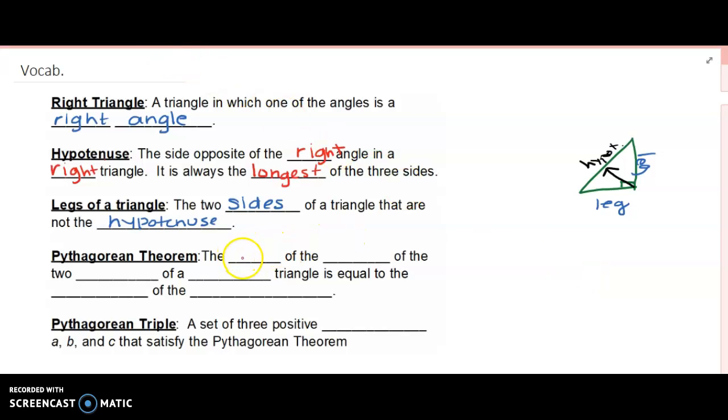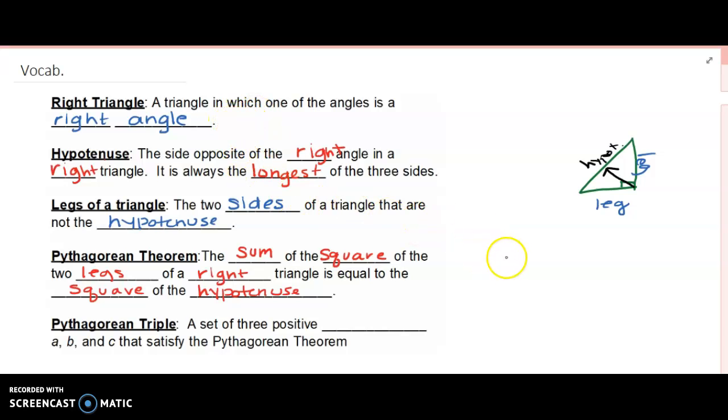The Pythagorean theorem tells us that the sum of the squares of the 2 legs of a right triangle is equal to the square of the hypotenuse. That's a lot of words, so we're going to break that down.